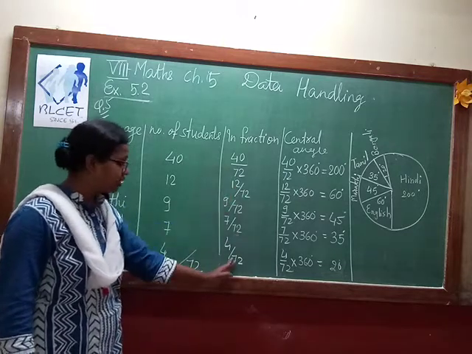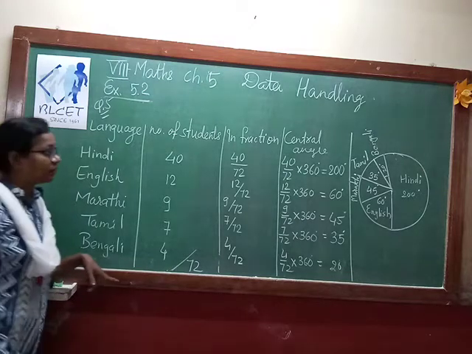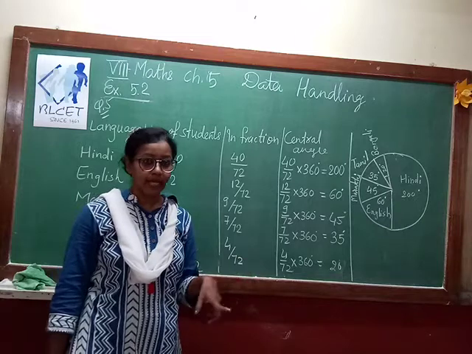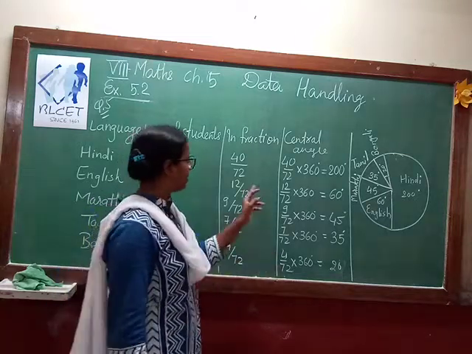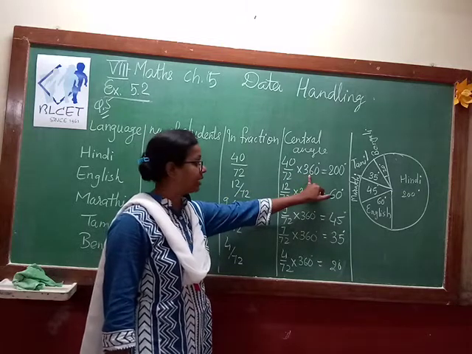So these are the fractions for the respective languages. Now for these fractions, we have to convert them into central angles. Fraction multiplied by total degree, that is 360 degree.